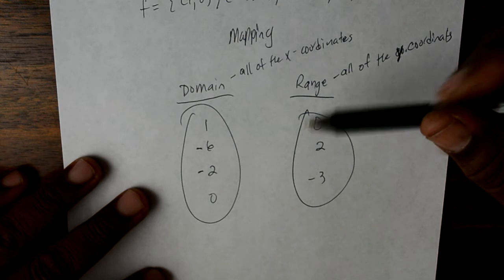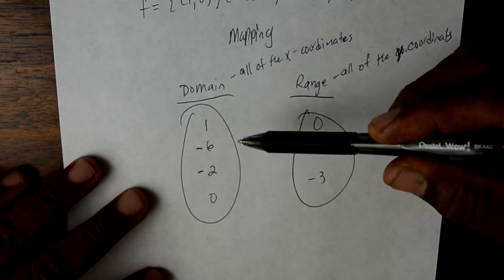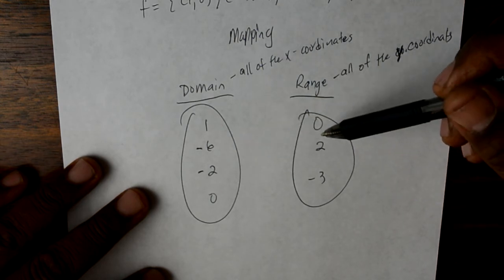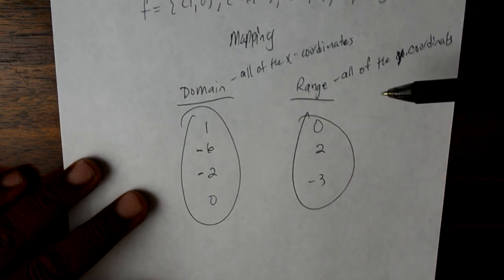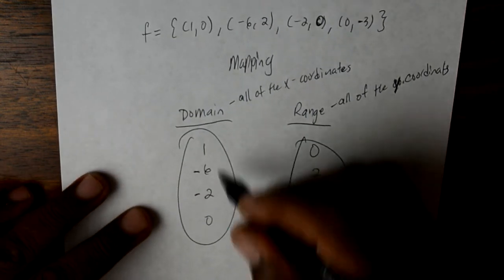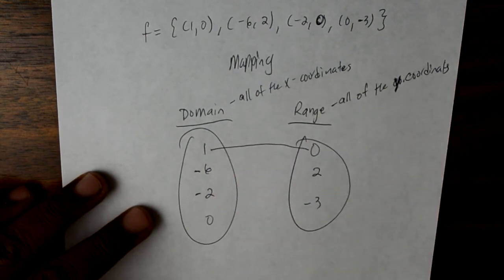Since we're doing a mapping, every element of the domain must correspond to exactly one element of the range. So now we'll map out our relation. 1 maps to 0.